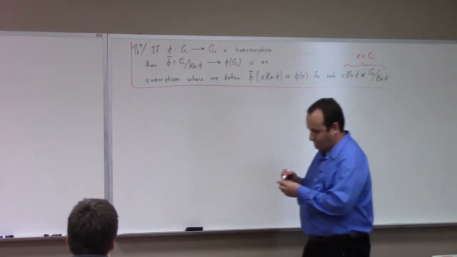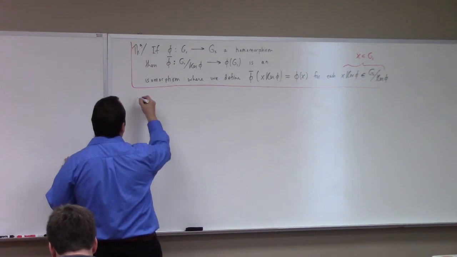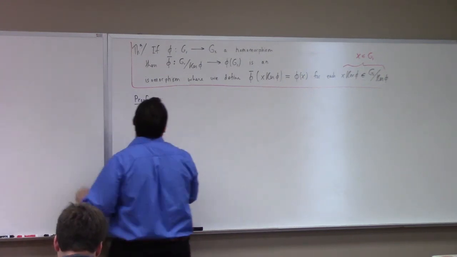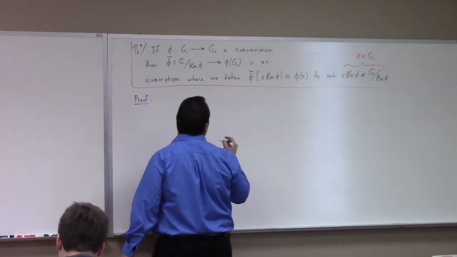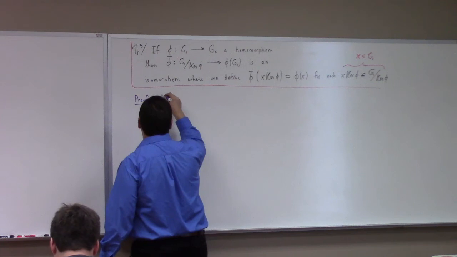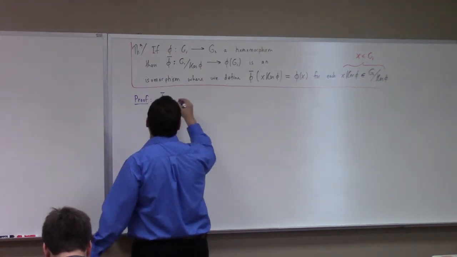So let's prove it. What is there to prove? First of all, we should show that phi bar is a homomorphism. Well, first of all, phi bar is well defined.